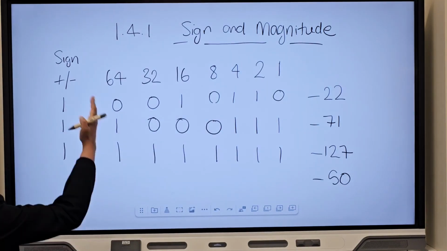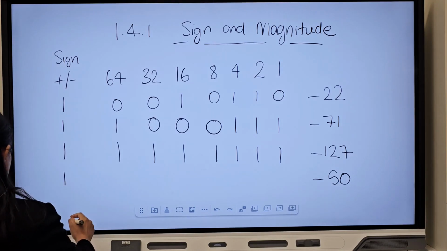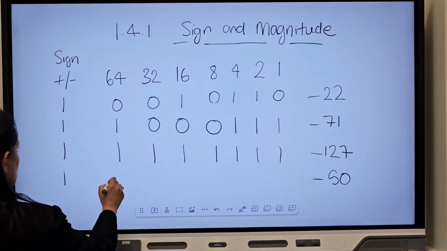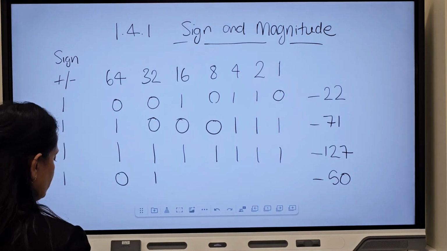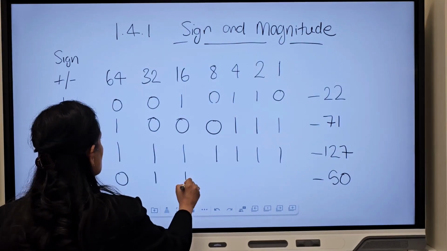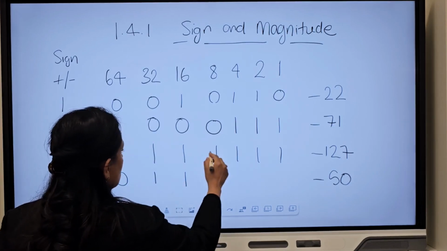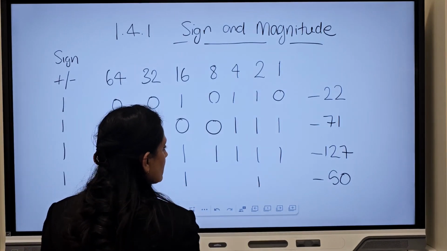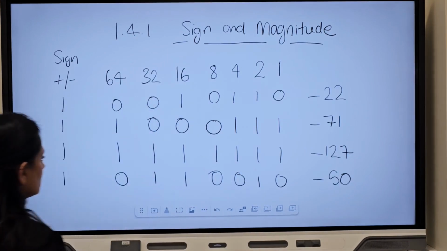Again, the sign has to be a 1 for the negative. Now we represent 50. 32 goes into 50, plus 16 gives us 48, plus the 2 will give us 50, and then you put the zeros in.